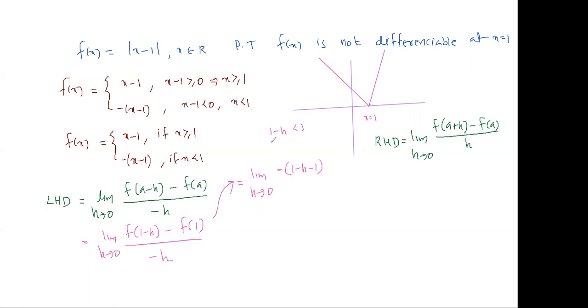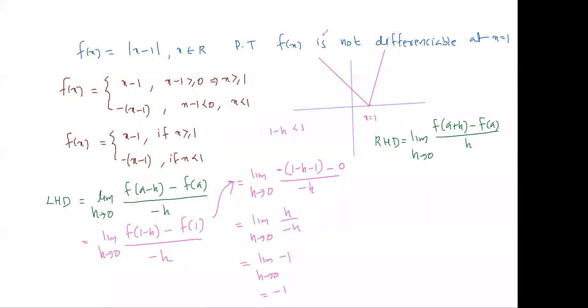So it is minus of, x की जगह 1 minus h, minus 1, minus f of 1. When x is equal to 1, it is 1 minus 1, so modulus of 1 minus 1 is 0, divided by minus h. So this is limit h goes to 0. 1 minus 1 cancel होगा, minus minus h divided by minus h, which is limit h goes to 0 of minus 1, and limit of a constant is constant, so it is minus 1.